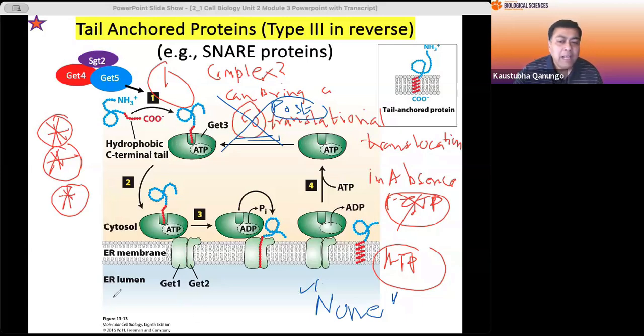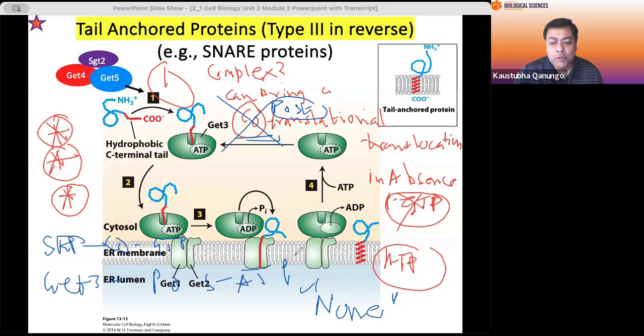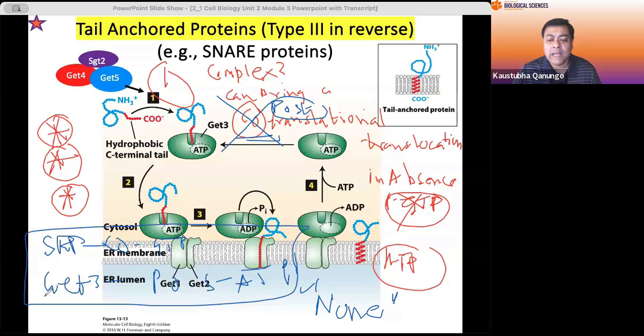So the take-home message, without confusing with anything: SRP is co-translational, GET3 is post-translational. Co and GTP, and post and ATP. If you just remember this mnemonic: SRP, co-translational translocation, GTP; GET3 complex, post-translational translocation, ATP.